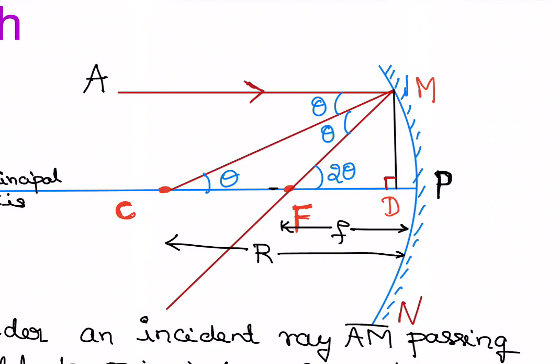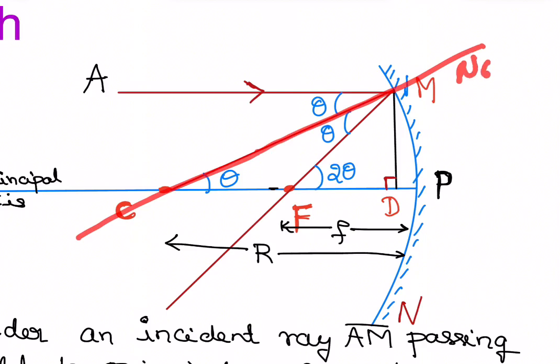What is the angle of incidence? Here theta is the angle of incidence. What is the angle of reflection? Again theta is the angle of reflection. What is the normal? Any line passing through the center of the surface is considered as the normal.